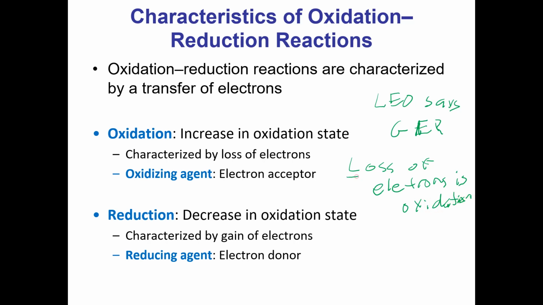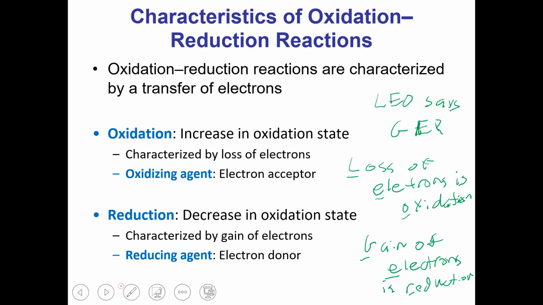So that's where we get LEO. And GER is gain of electrons is reduction. So that's where GER comes from.